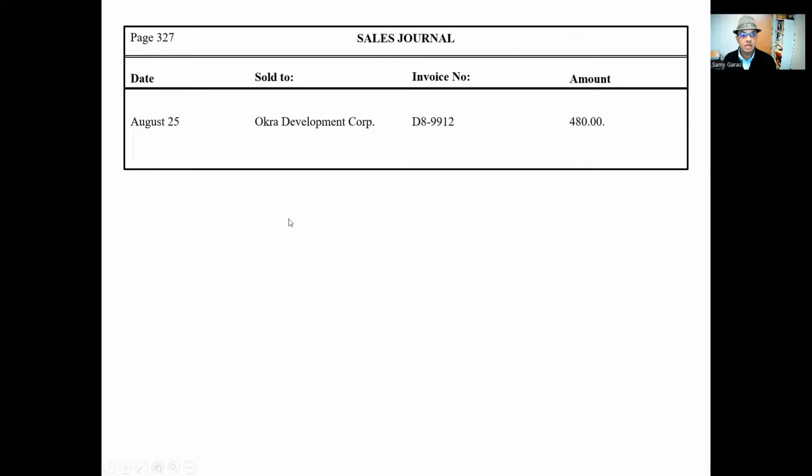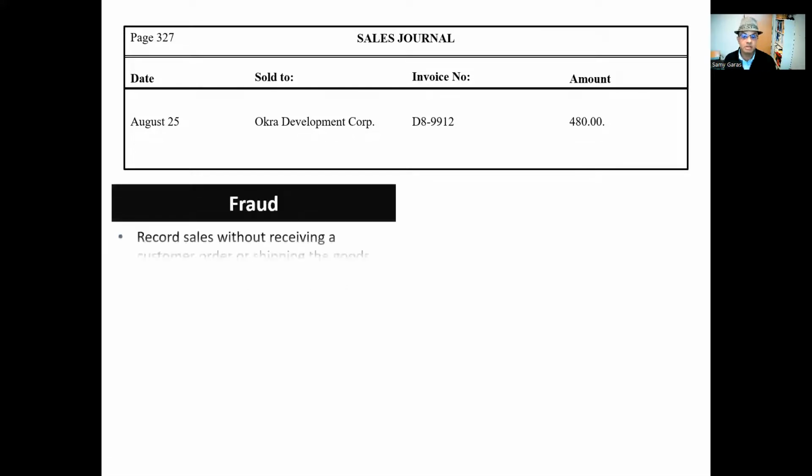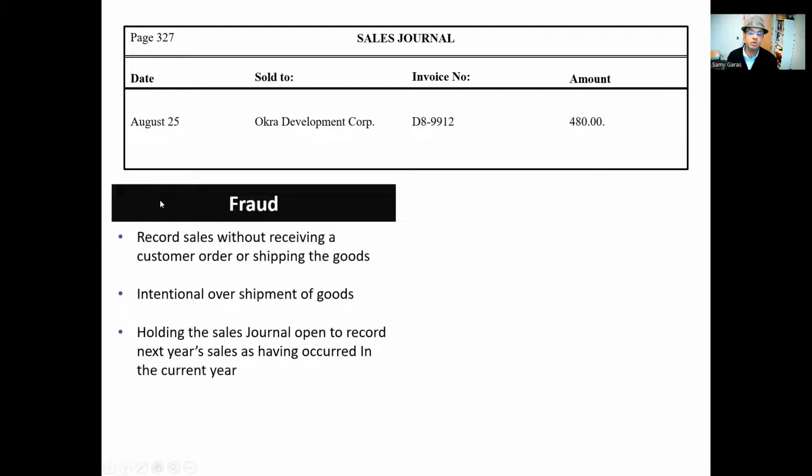The sales journal here, once we make the invoice, we put it in the sales journal, and we need to differentiate between the fraud that might happen in sales and error. For example, the fraud here, like recording sales without receiving customer order. And this we call channel stuffing or sham sales or intentional over shipment of goods.